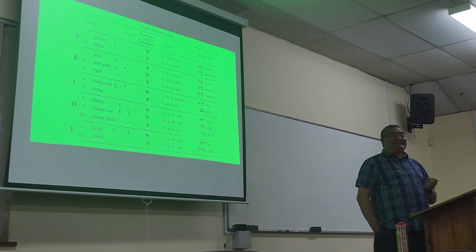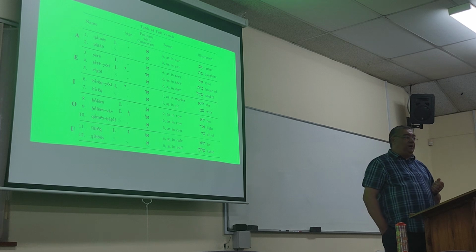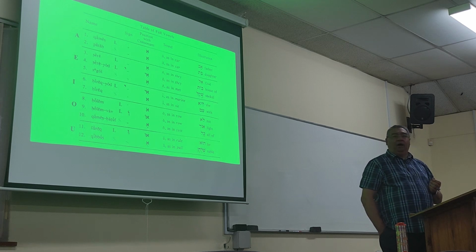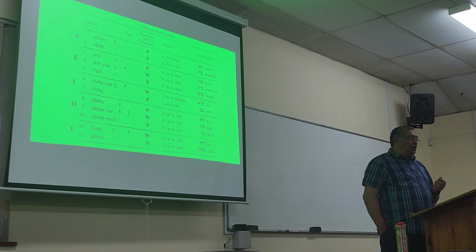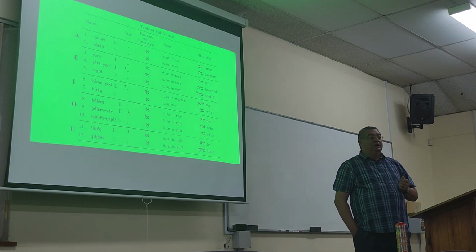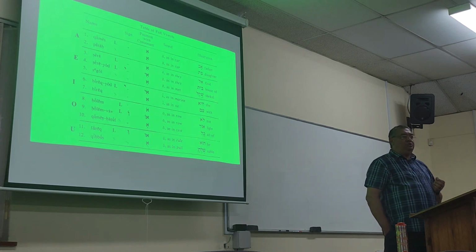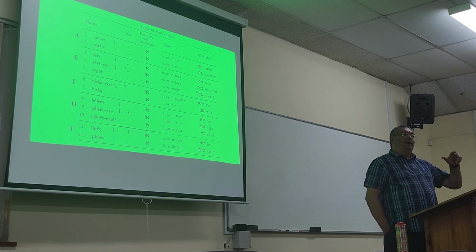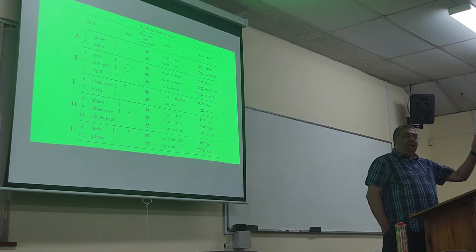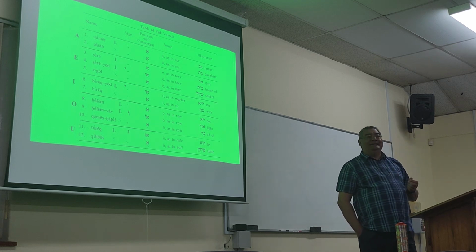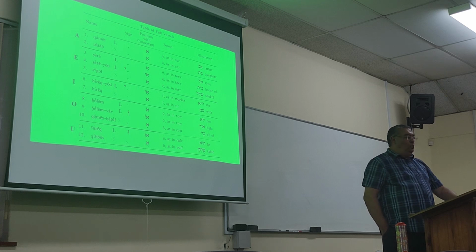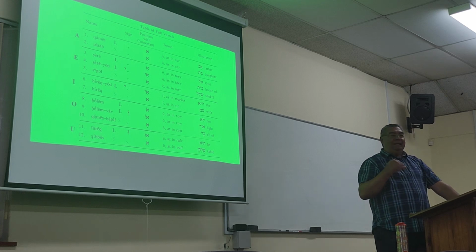The first one is kametz, that's the long vowel sound. The second one is patach, which is the short vowel sound. In your E class vowels, you have 3 vowels, 2 of them long, 1 of them short. Tsere and tsere yod, that's your long E class vowels, that makes the sound A. The short one is the vowel segol, which is an E as in the word met.